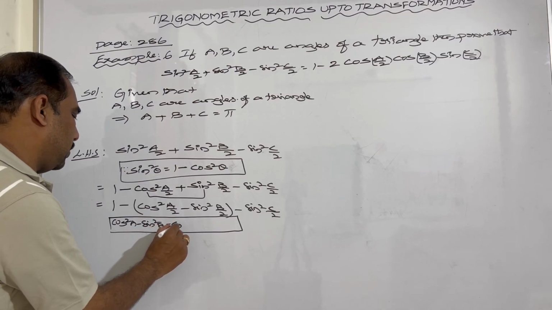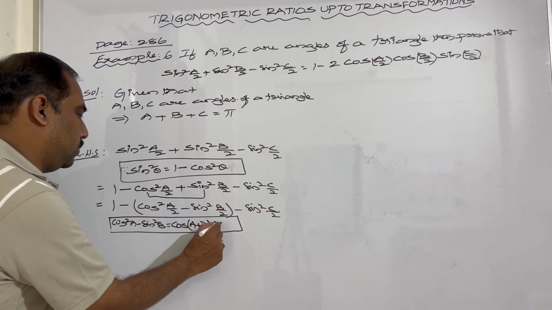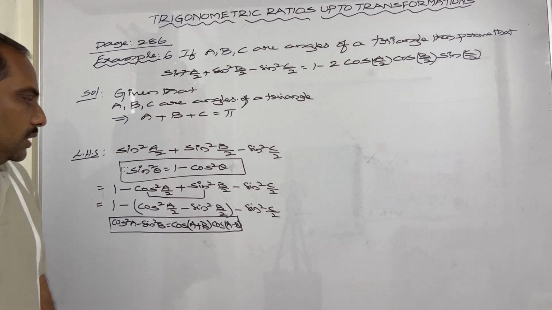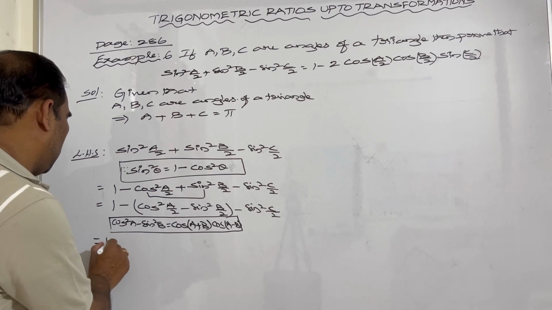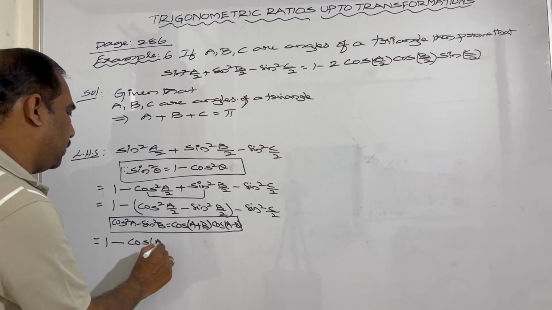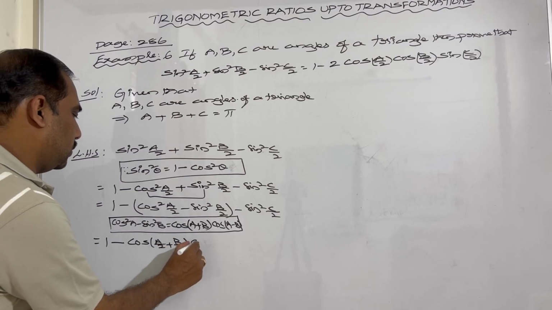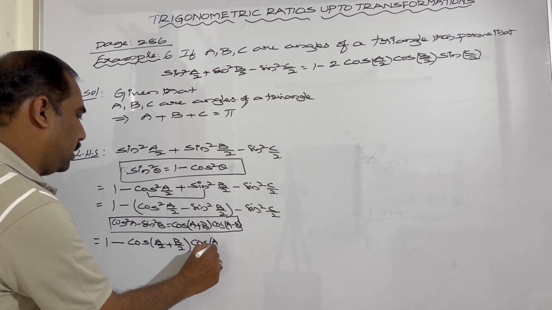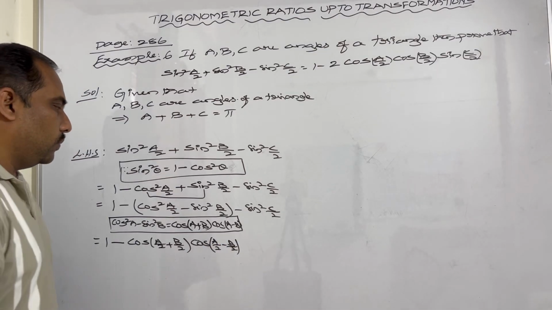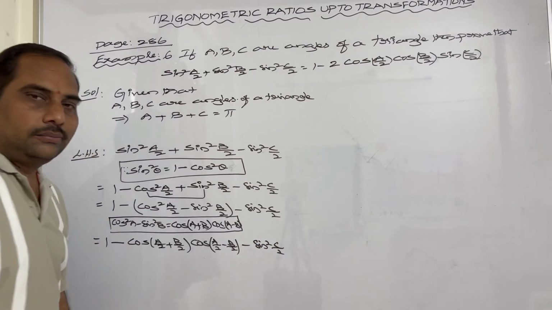For cos square A minus sin square B, we have the formula cos of A plus B into cos of A minus B. So we can apply this formula here. So 1 minus cos of A by 2 plus B by 2, into cos of A by 2 minus B by 2, and minus sin square C by 2 is written as it is.